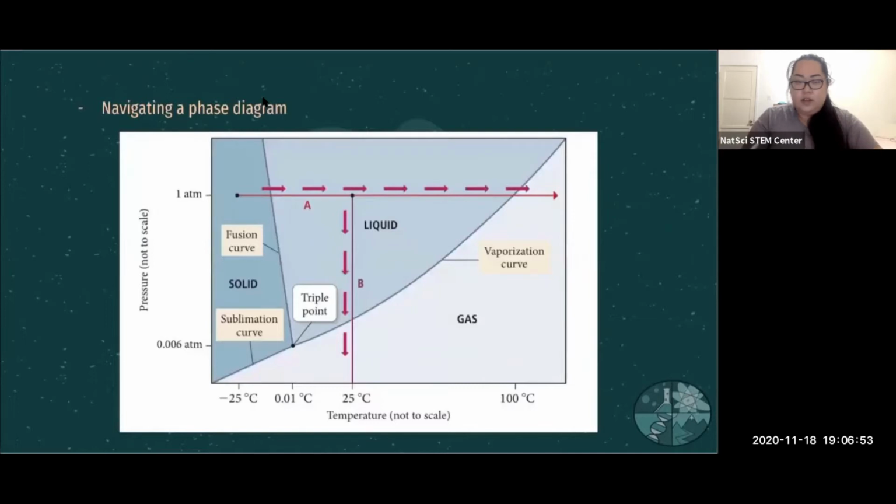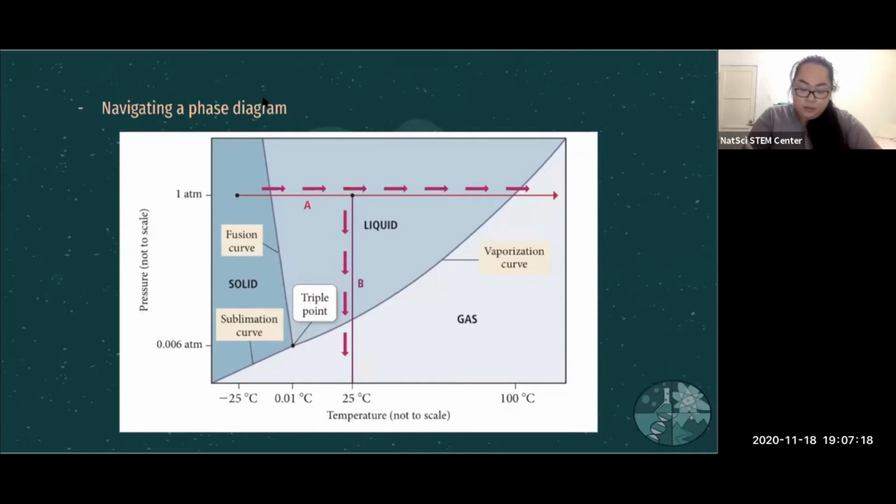So we're looking at this right here. You'll see that we have the triple point here. Triple point is when the substance is in all three states, so it is a solid, a liquid, and a gas. That's the temperature and pressure at which it happens.